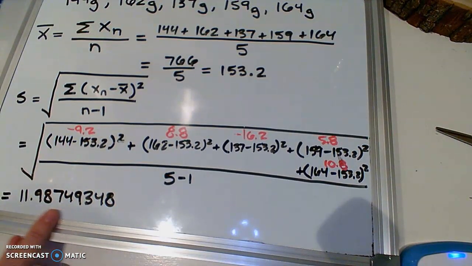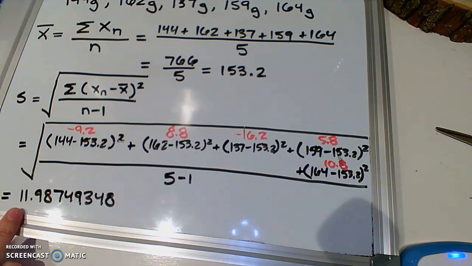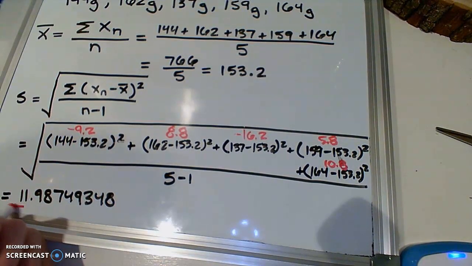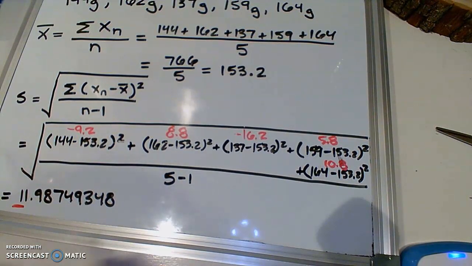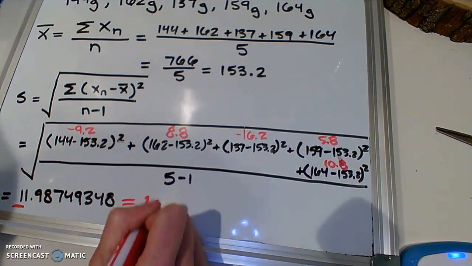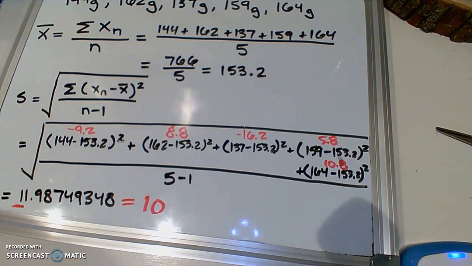So how do we report this number as a value with one significant figure? So it's currently 11.98, and you're thinking that's close to 12, but we just want one sig fig. The only sig fig that matters then is this first guy here. So we say 10. So this equals 10. That is one sig fig.